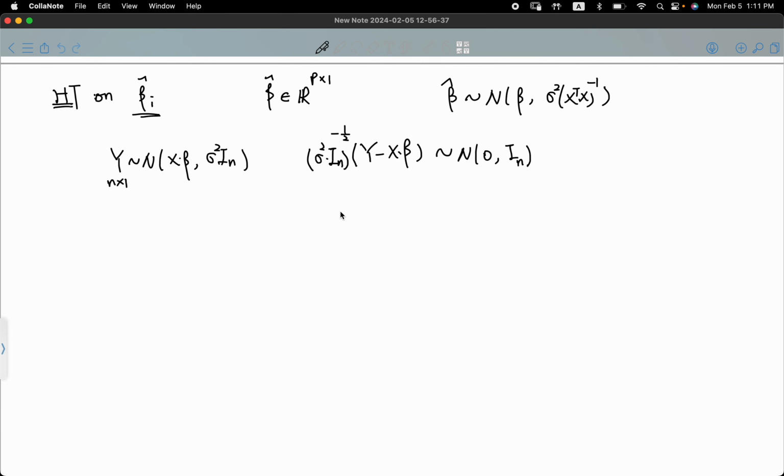Then similarly, for notation simplicity, we take the standard deviation after the 1/2 power, and put 1 over that, with the negative and the 1/2.